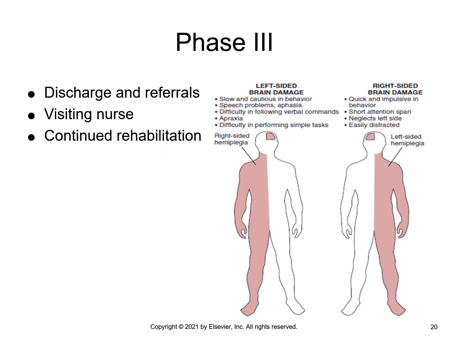The comparison of deficits and behavior related to damage to the left and right side of the brain is vital. The acute rehabilitation phase starts in the acute care facility and transitions into the acute rehabilitation inpatient setting.